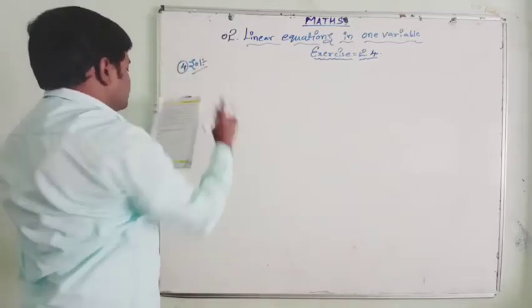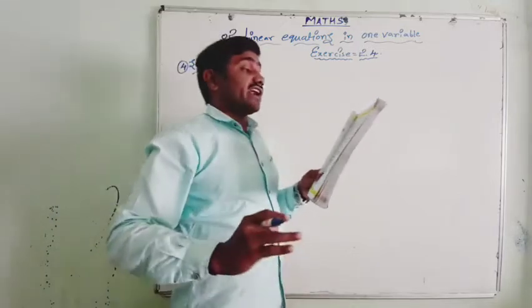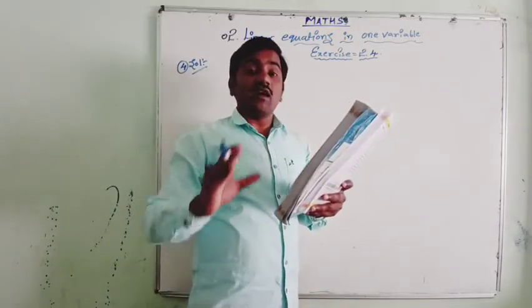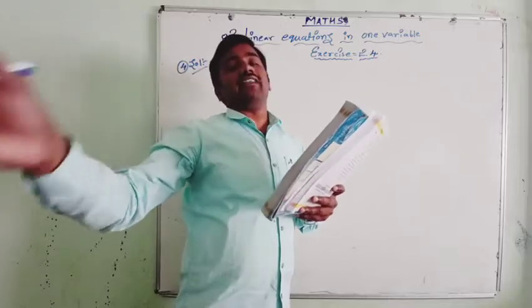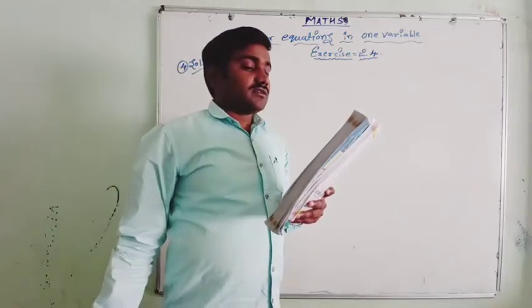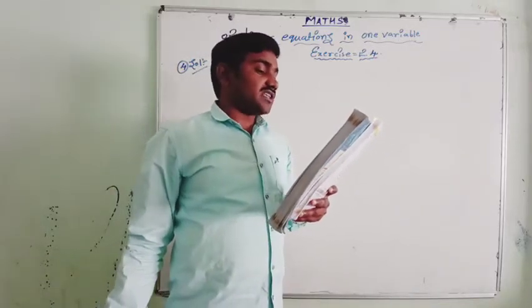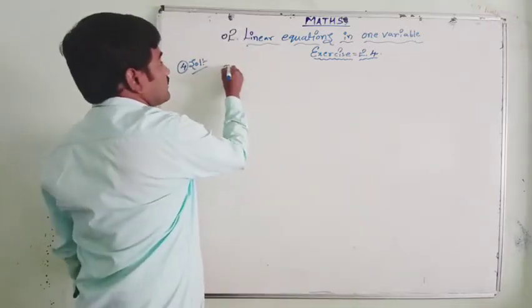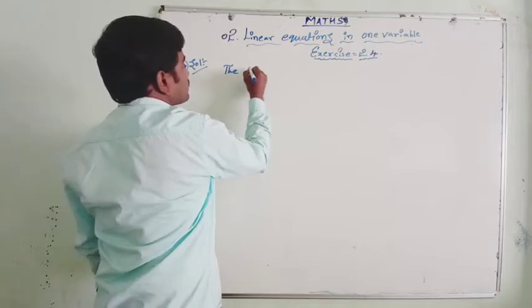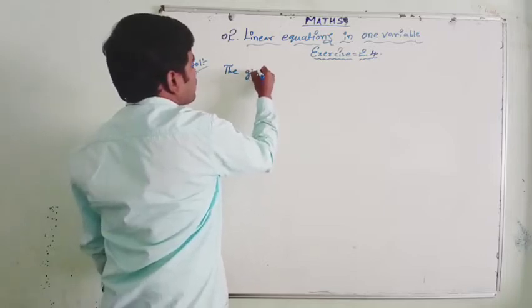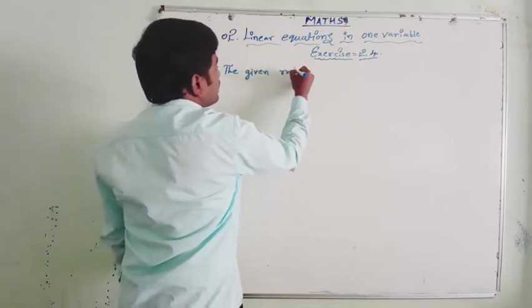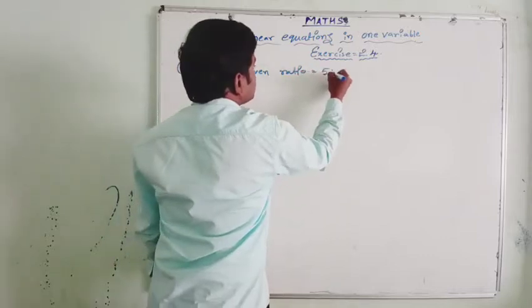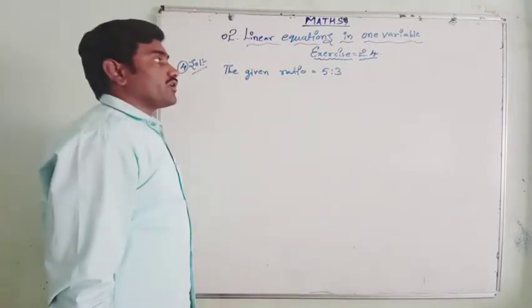See, here a number is divided into the two parts such that one part is 10 more than the other part. The number parts are in the ratio of 5:3. The given ratio is 5:3. We don't know the number.